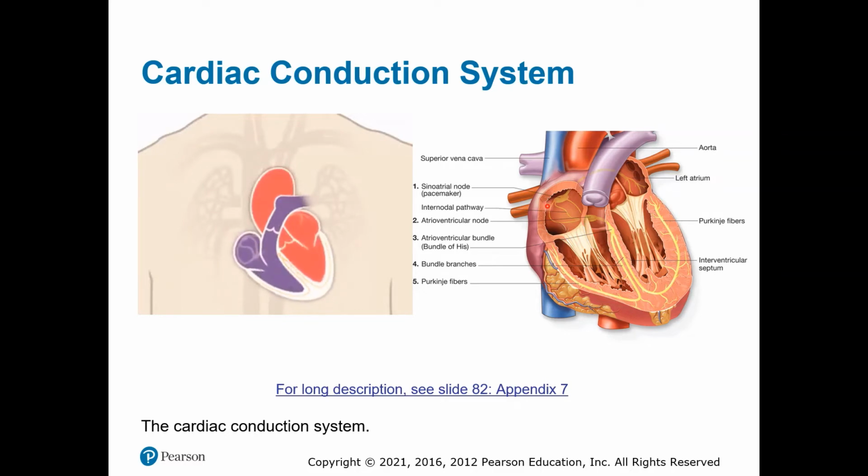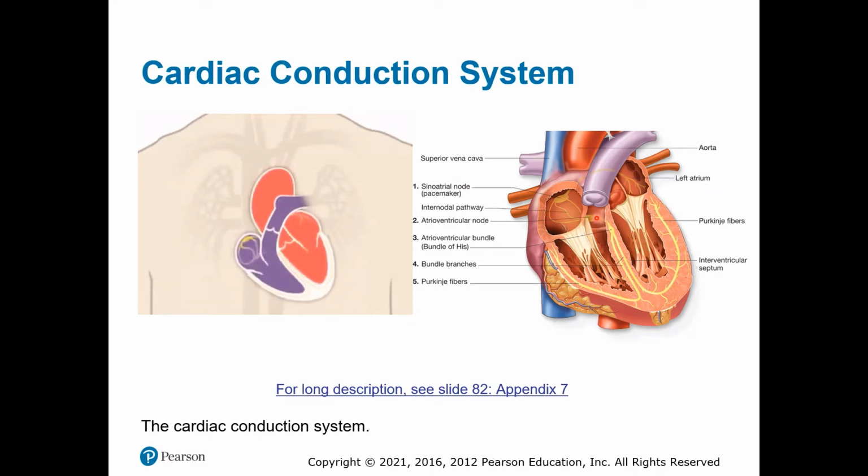This is the pacemaker of the heart. This is what starts the electrical impulse to send through the heart. From here, it goes into the internodal pathway for the atrium. It also goes over to the left atrium, so that they beat together, and you get a lub-dub sound.